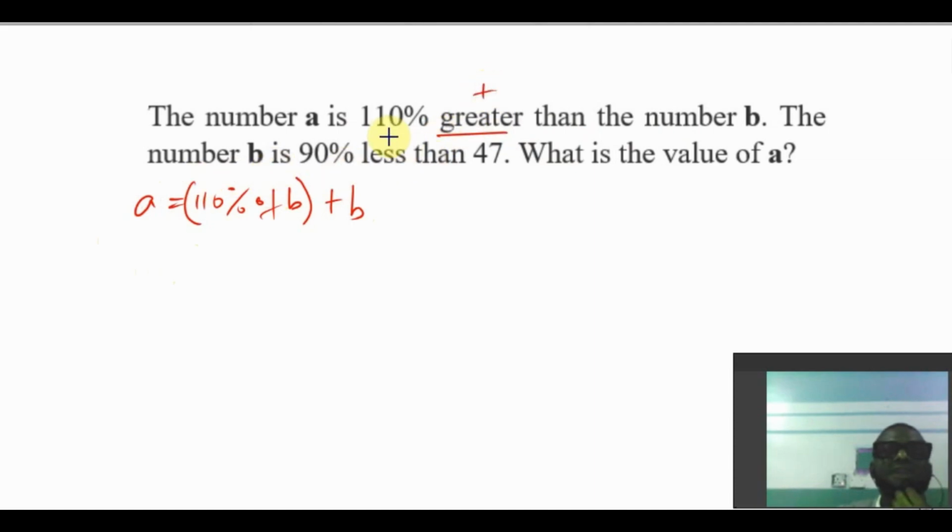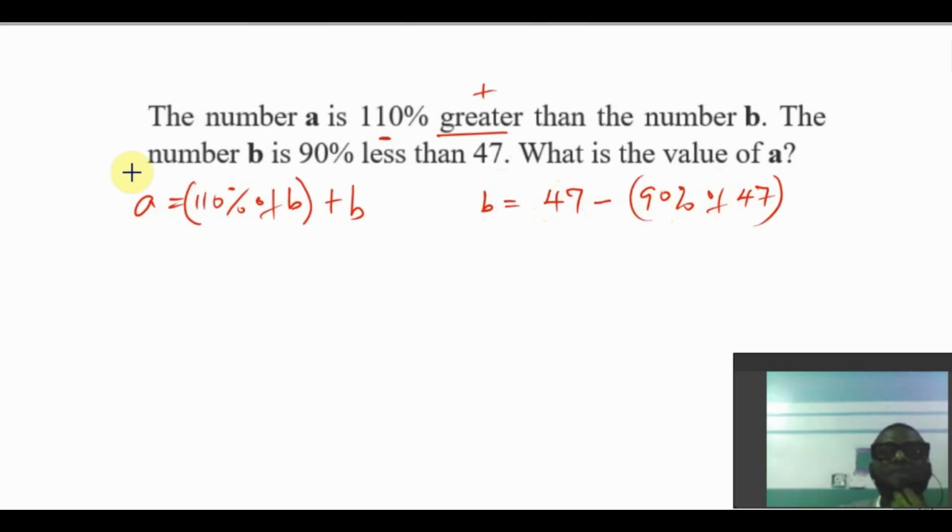And the number B is 90% less than 47. Less is minus. So B will be equal to 47 minus 90% of 47.